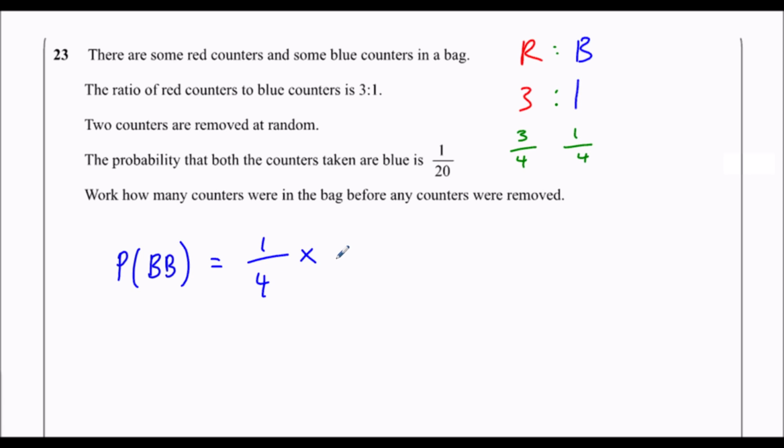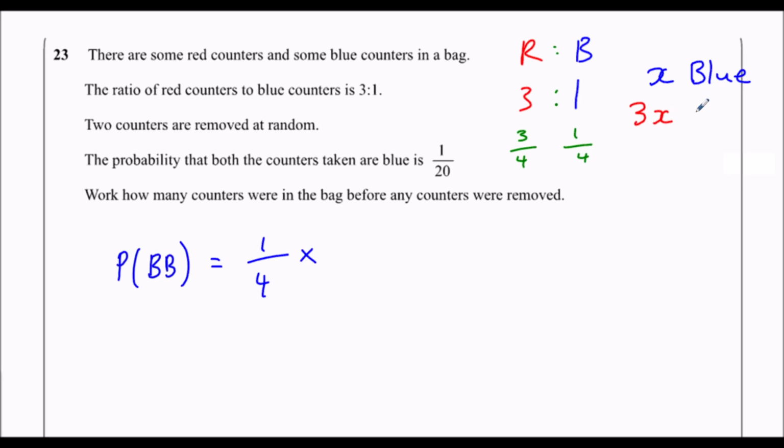If we take a blue counter out of the bag, how many counters are left? How many are blue? So we don't know how many there were to start with. So we can say that there are x blue, and 3 times as many red.